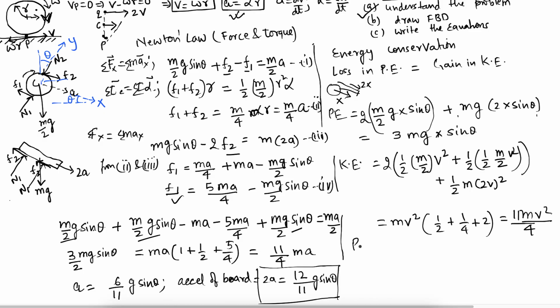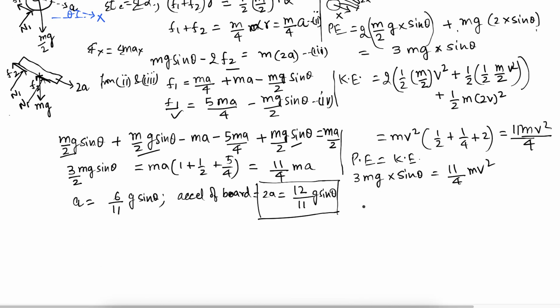And if P equal to K, then we have 3 mg x sine theta equal to 11 by 4 mv square, and therefore we have v square equal to 12 by 11 g x sine theta. Now acceleration is nothing but dv by dt, so let's differentiate with respect to time.